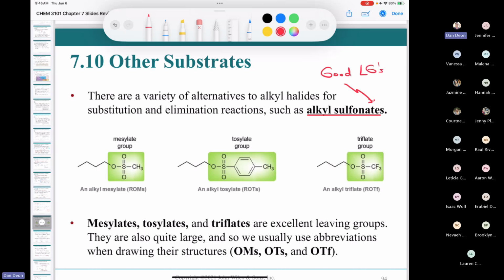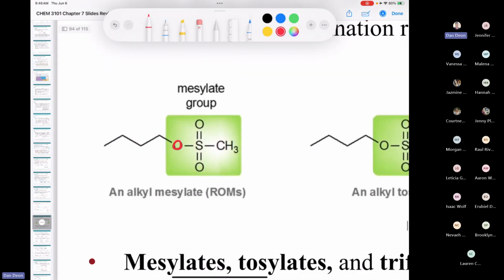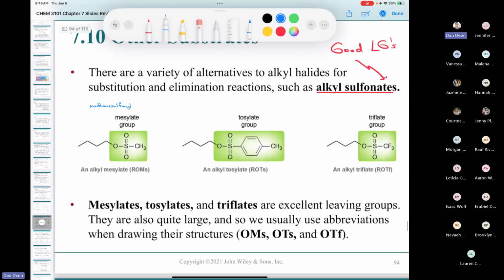The first one is called a mesylate. You have the oxygen, sulfur with two double bonds to oxygen, then just a methyl group on it. Sometimes it's called methane sulfonyl, depending on where you're from. It's like potato. The shorthand version is mesylate.